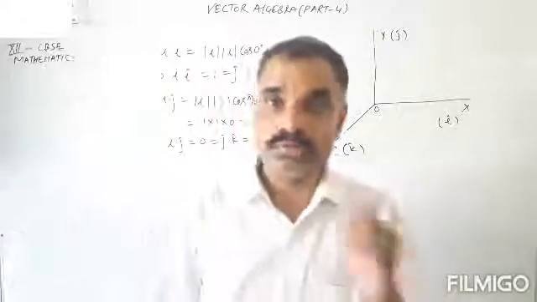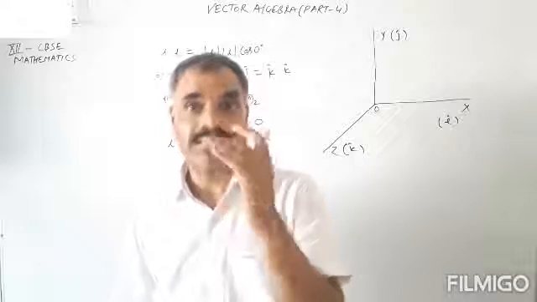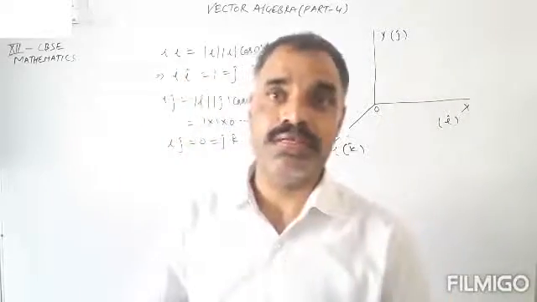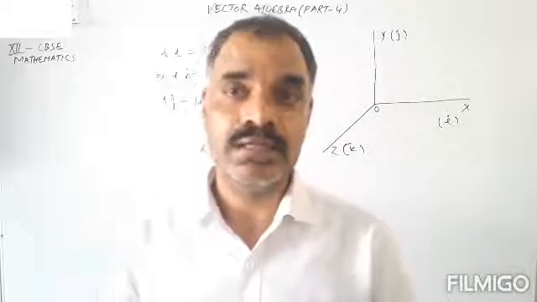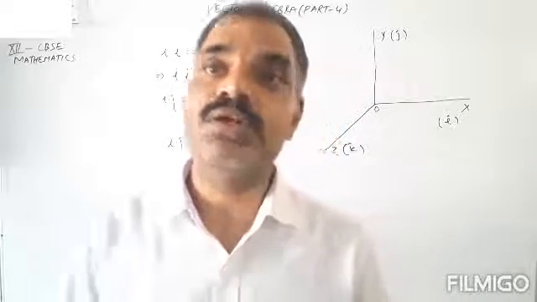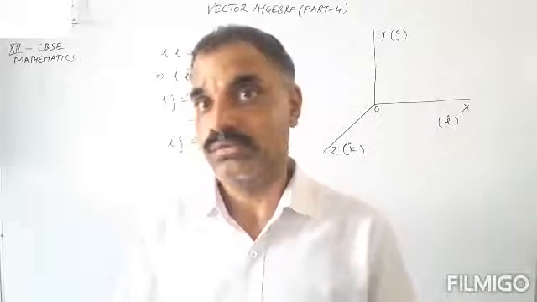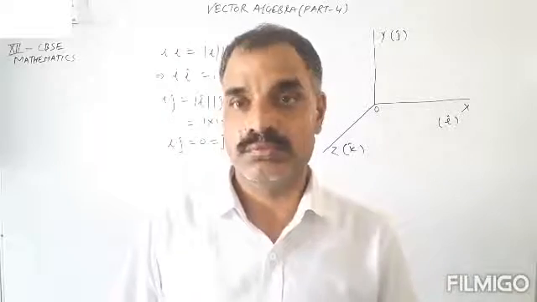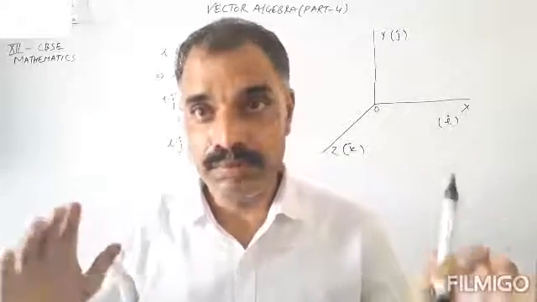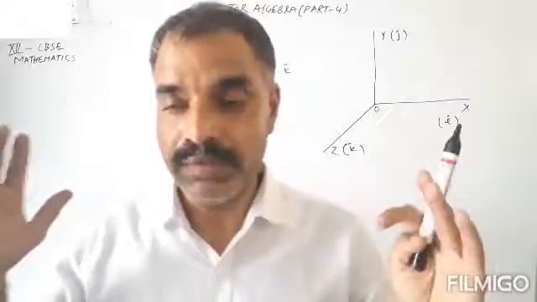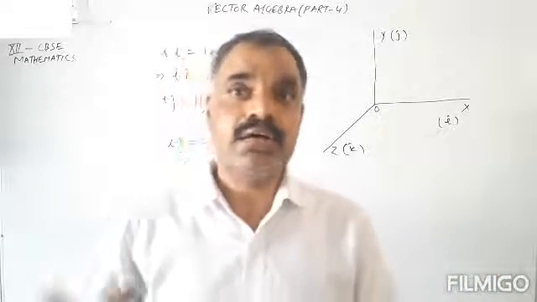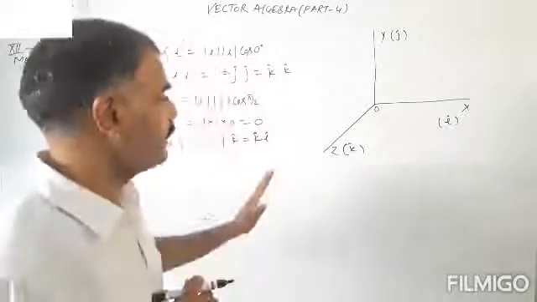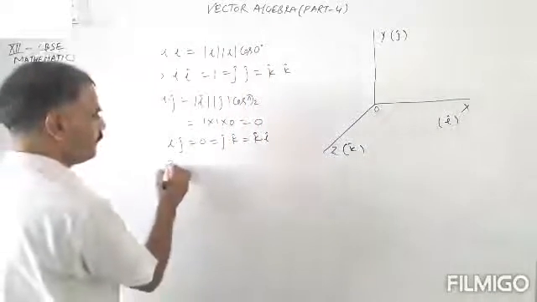So these are the 6 relations, or the 6 values, that we should have learned directly: i cap dot i cap equals 1, i cap dot j cap equals 0. We will use these values whenever we find the dot product between two vectors, for example the dot product between a vector and b vector.